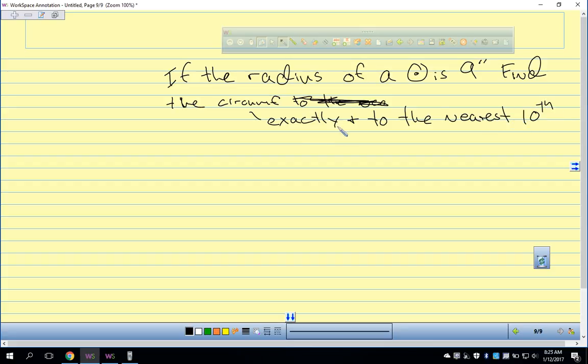When they say exactly, that means in terms of pi. So I'm going to use circumference is equal to 2 pi r, and I'm just going to plug in 9 in there.